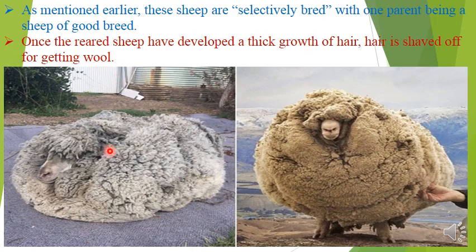They are given all types of nutritious food, and they are protected in a very good climatic condition. Once the thick hair grows on their body, it is shaved off, but not during winter. Okay, in winter they need to protect their body. So it is done during summer.